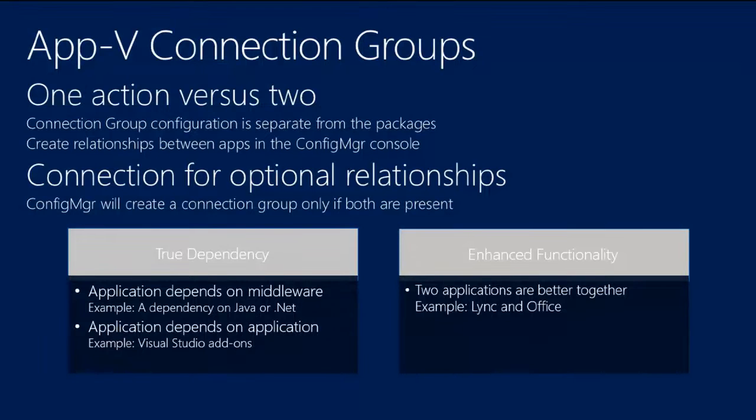This allows virtual apps to interact with each other. Virtual apps normally run in isolation in their own bubble, but with connection groups you can have two applications, for instance Visual Studio and a plugin for Visual Studio, share some information. By creating a connection group between the two, they're able to talk to each other a bit more, and you get that integration between apps which require shared resources.